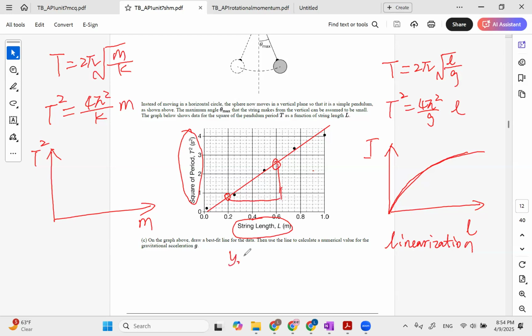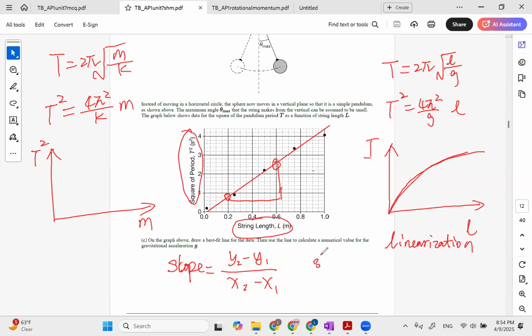So it'll be y2 minus y1 divided by x2 minus x1. You need to physically show the work. And remember, pick 2 points on a line. It's not data points, especially when data points are not on a line.